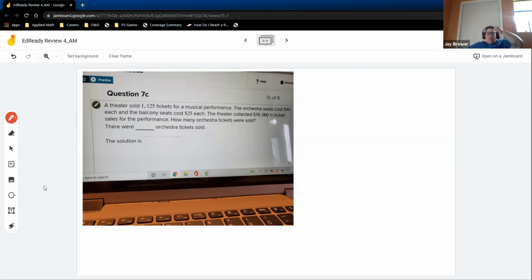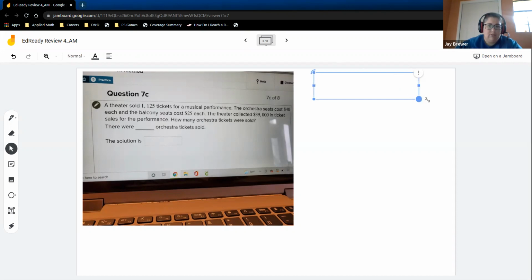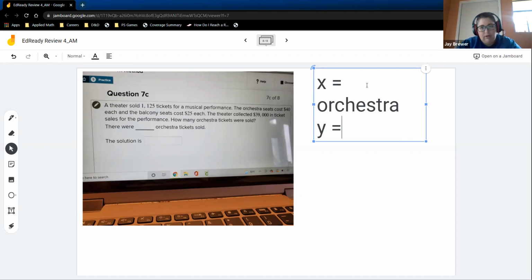All right, so this is what I did. First thing you have to do, I did my let statements. So I said, okay, we're gonna let X equal orchestra and Y equal balcony.